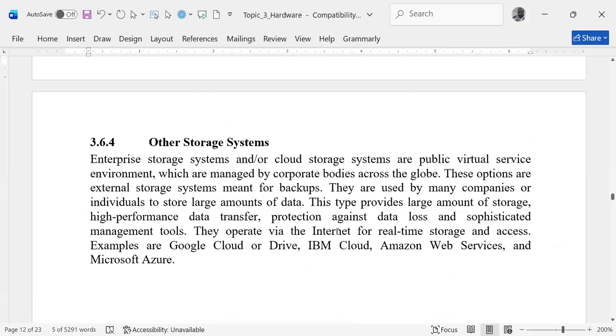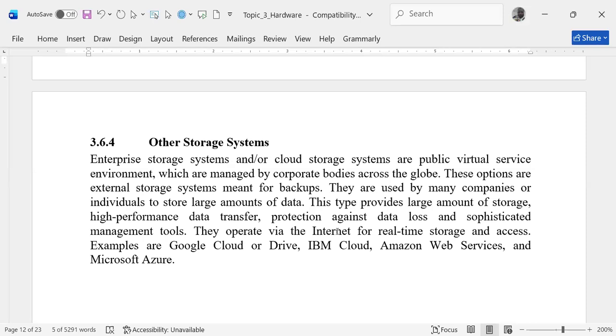Then there is other storage, like cloud storage, cloud computing, where one organization can store its work directly on another organization's storage system as a backup, in case the original is not working.